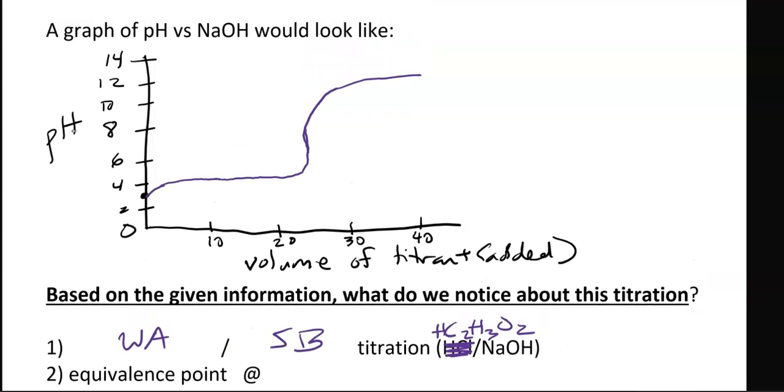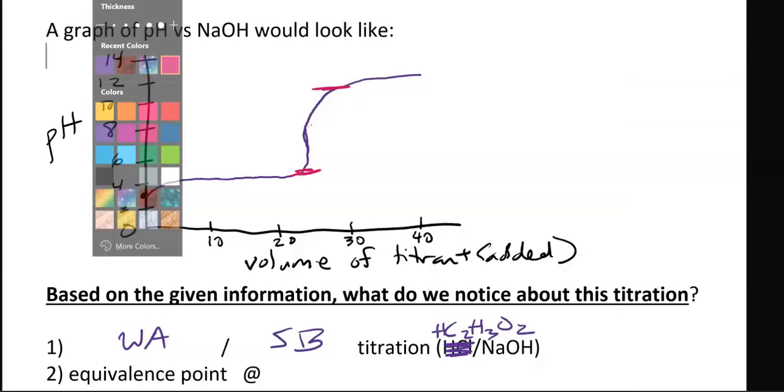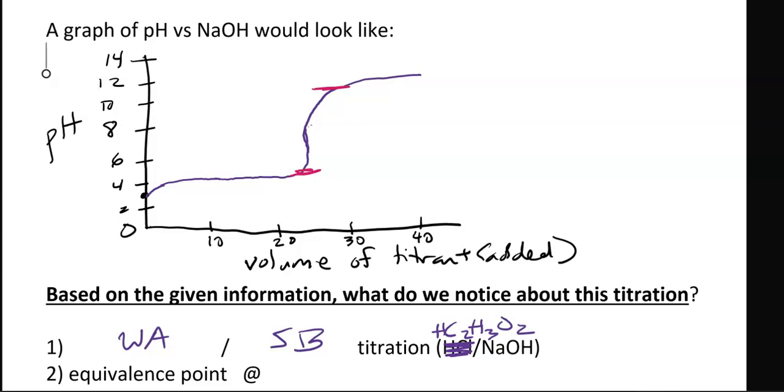At the equivalence point, which I'll mark with a pink marker, notice that that would be the halfway point between when the pH first jumps up and when the pH starts to stabilize after the equivalence point. So probably about here might be good. Okay, about there.